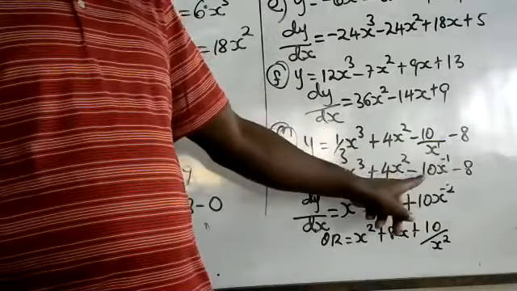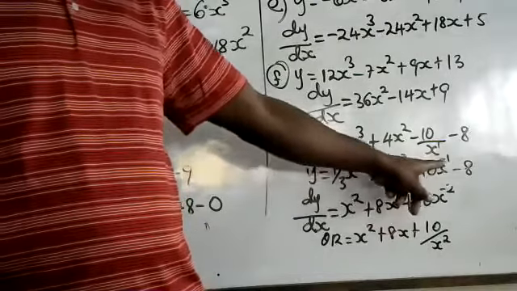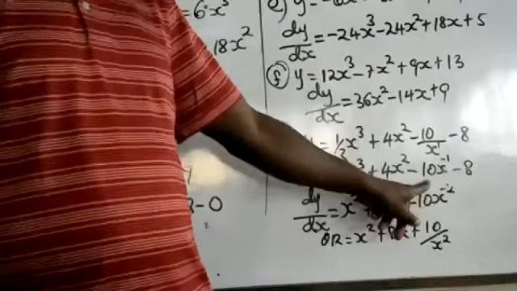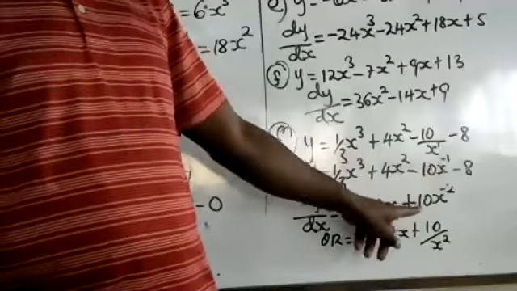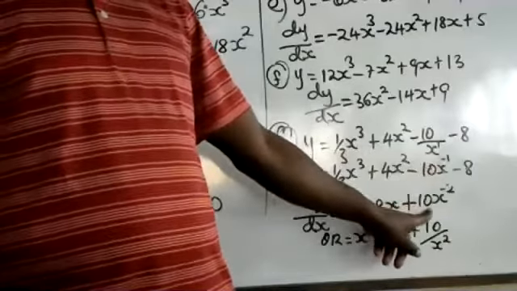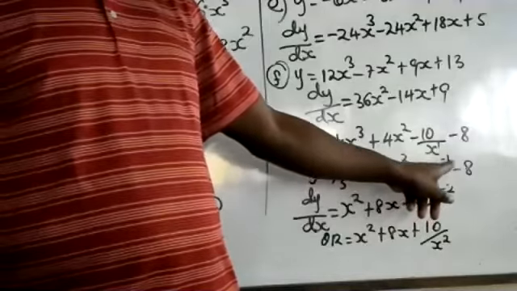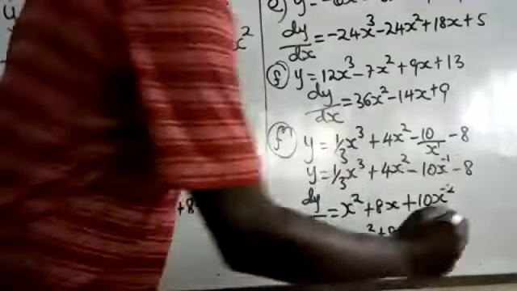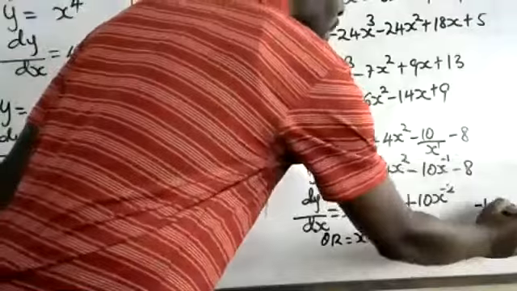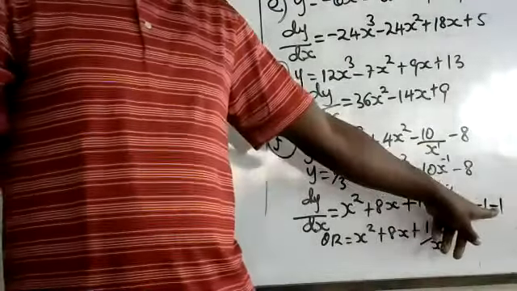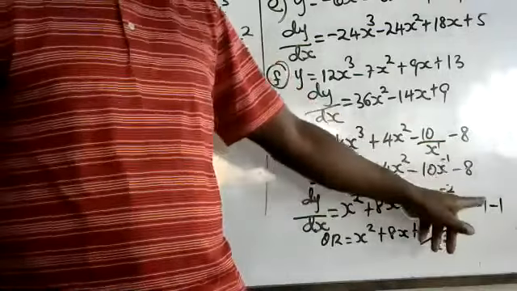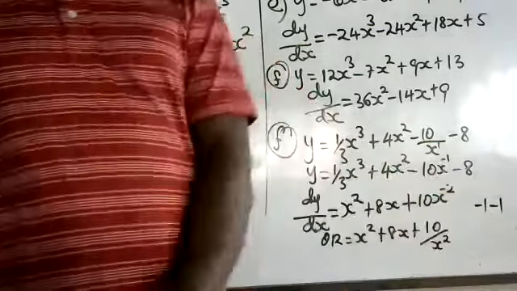The 1 does not have any effect on the 10, 10 will remain. And then because we had -1, we subtract another 1, because the rule requires that every power we must reduce by 1. So -1 minus 1 gives -2.